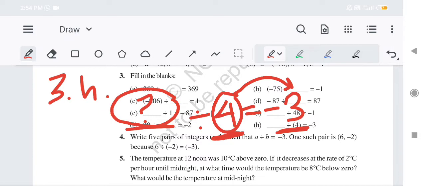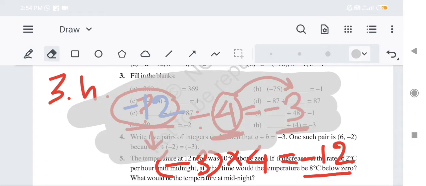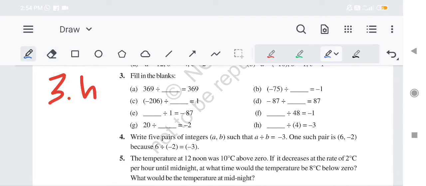Very easy. Simply we will multiply the quotient and the divisor for finding the dividend. So here in the gap we will put minus 12.